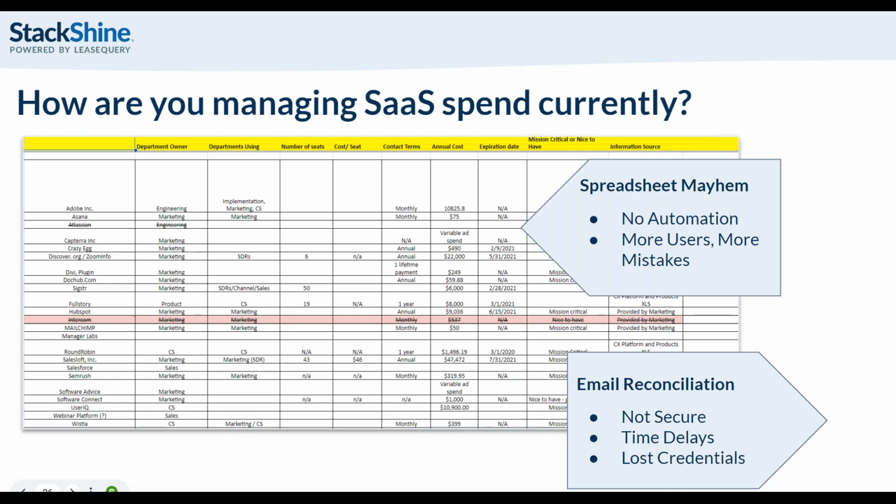And then in an effort to try to improve accuracy of all of this information, we see the classic approach of email reconciliation, where we're sending out surveys to all of our end users or to all of our department heads and asking questions like, hey, are you still using this? If it even is answered at all, it's not giving us a very high fidelity answer to the actual question we're posing, which is, how do I control the cost around this if it is not being used at this time?